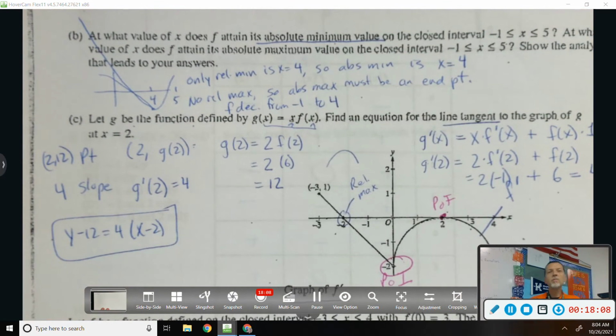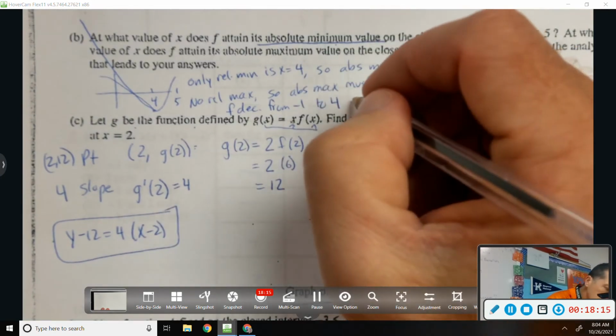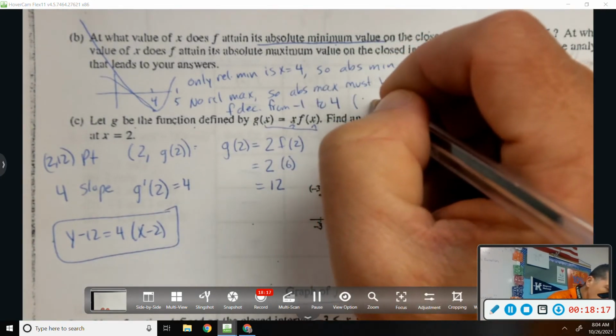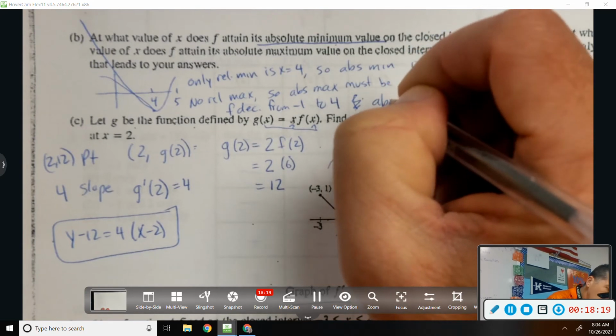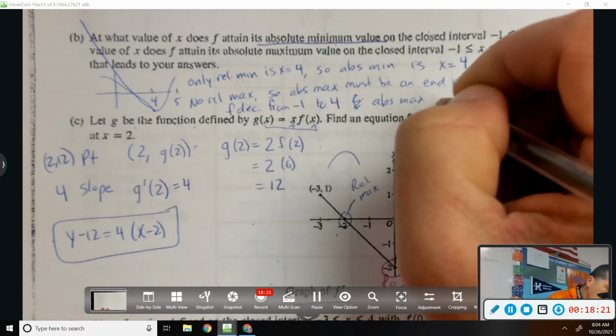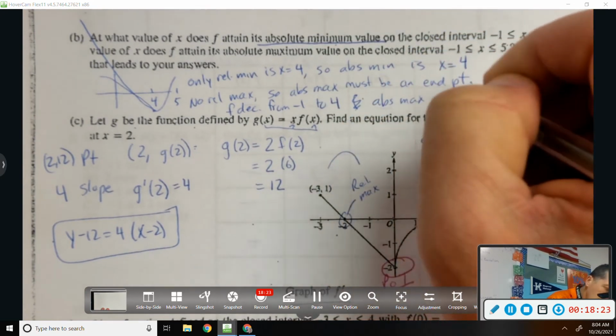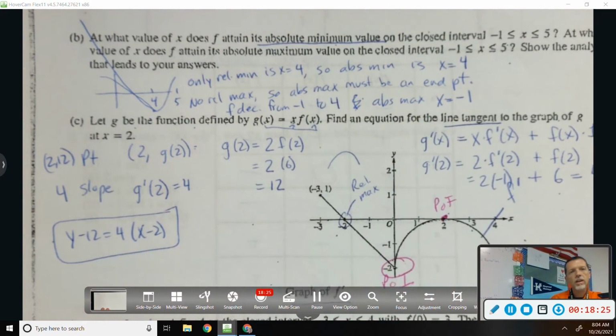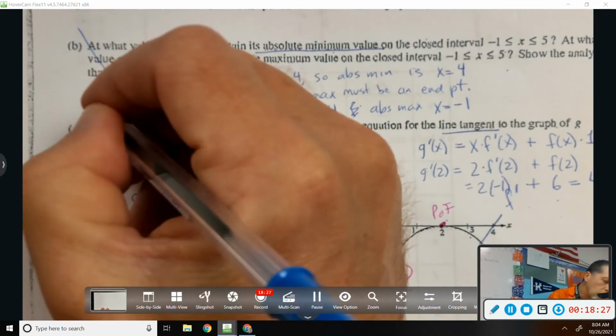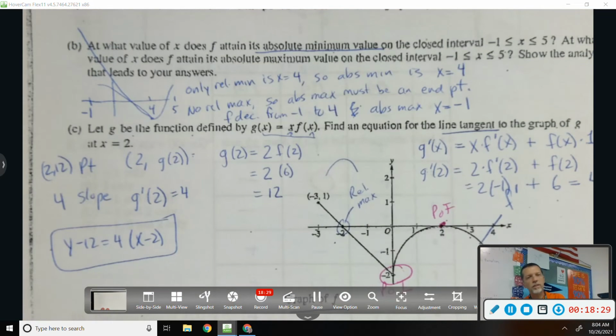That's a much wider span than just 4 to 5. So there was more decreasing going on. So I think we can say the absolute max happens at x equals -1, because we did a whole lot more decreasing than we did increasing.